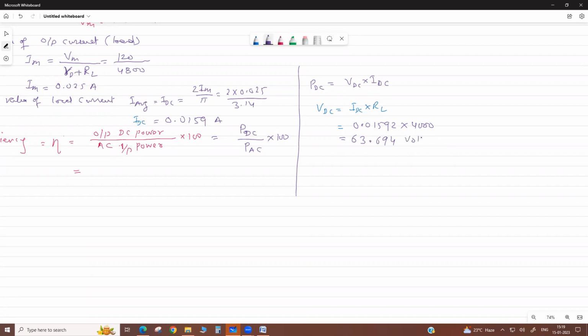This much voltage. Now we can calculate the power: 63.694 into the current, which is again multiplied by 0.01592. So it comes to 1.014 watt.